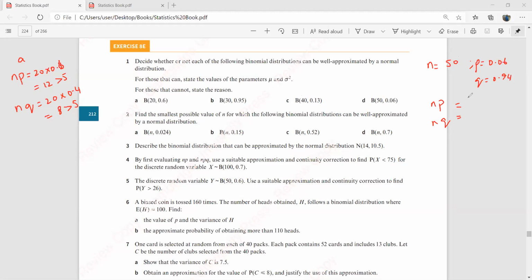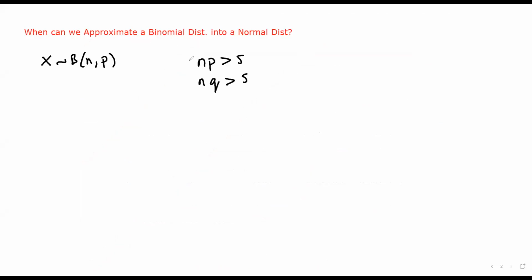So this is not large enough for us to be able to approximate this as a normal distribution. So you see, these are the two conditions that should be met if you want to approximate your binomial distribution as a normal distribution, okay?